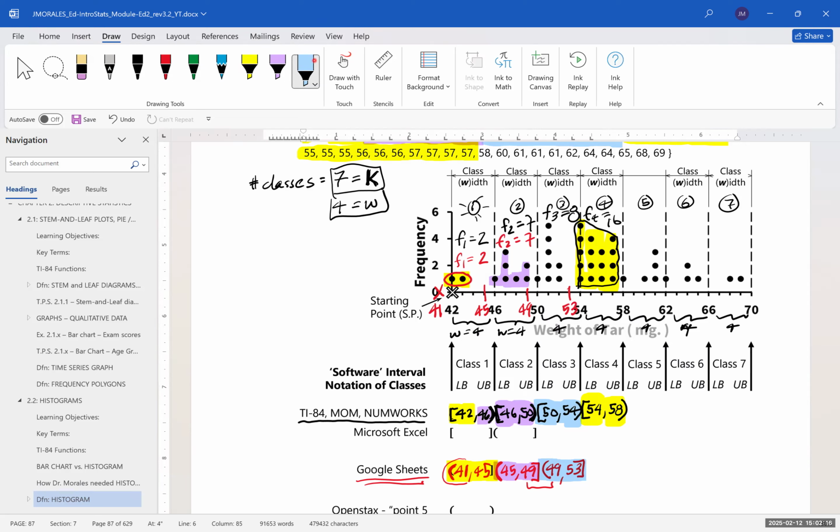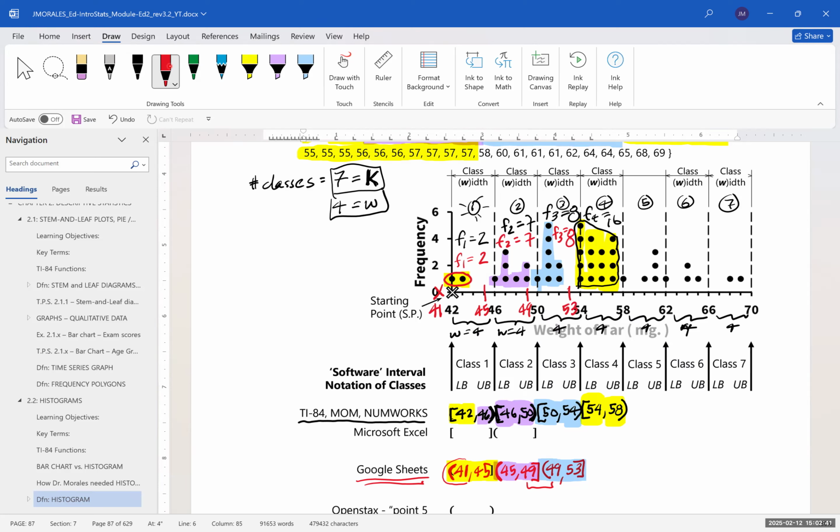So values that are greater than 49, so that'd be starting here, and less than or equal to 53. So the frequency of the third class would be 1, 2, 3, 4, 5, 6, 7, 8. All right. And we could just keep going.